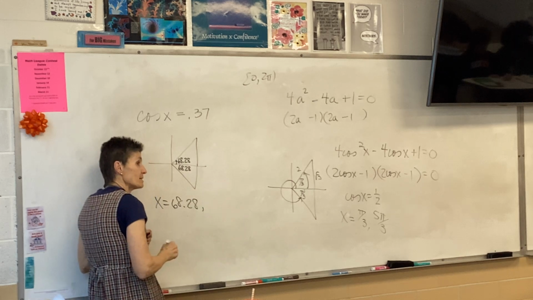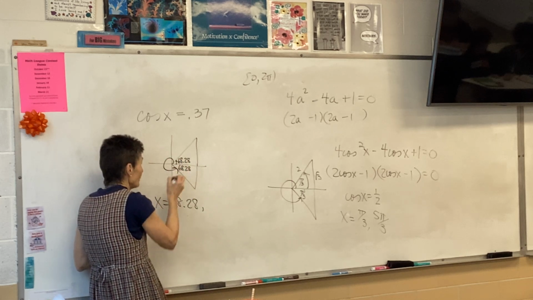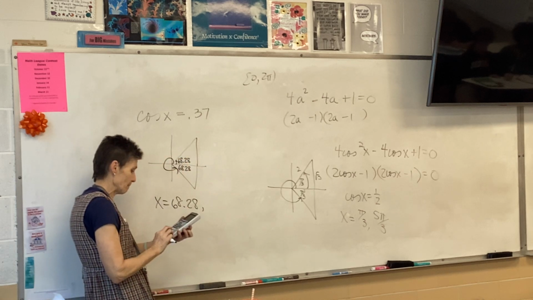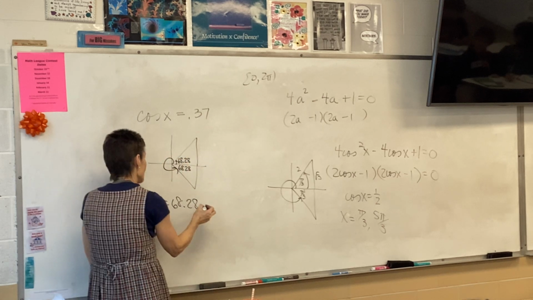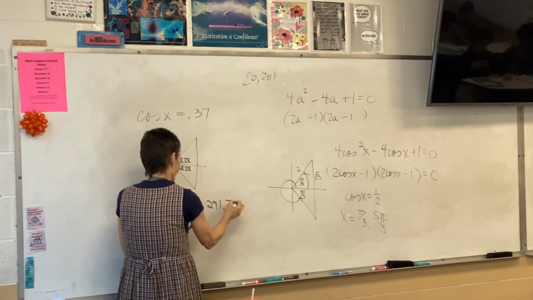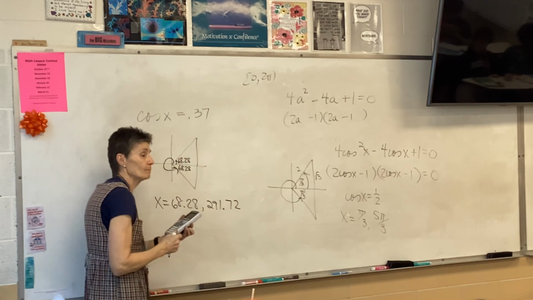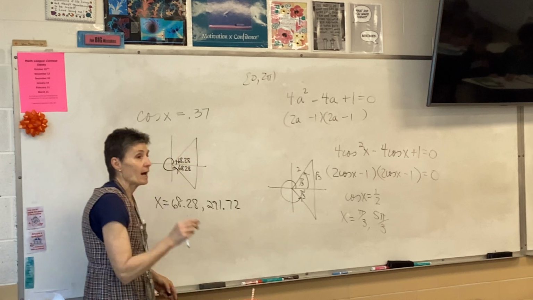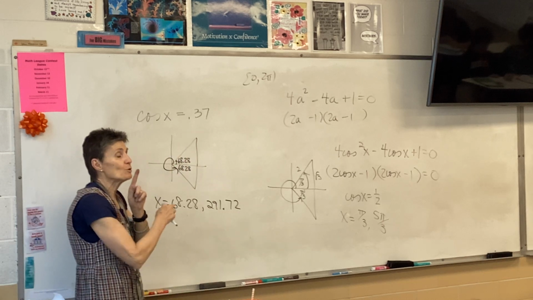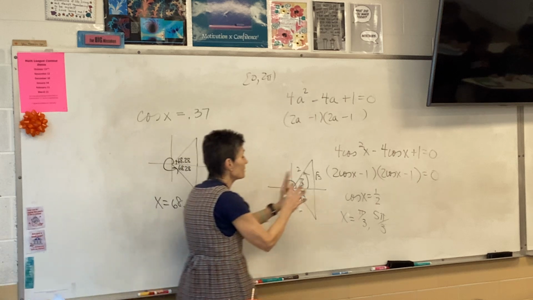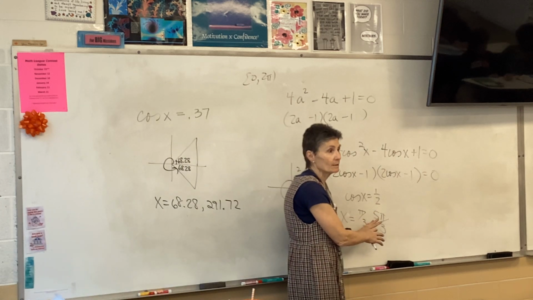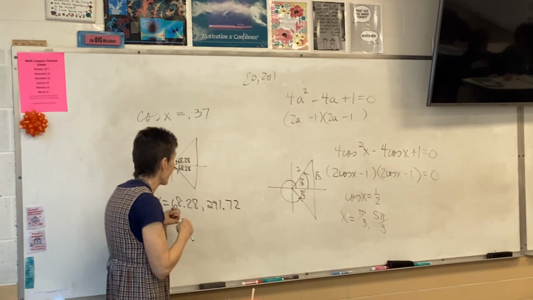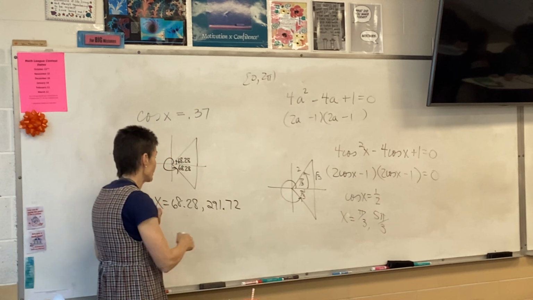And then like Dana said, the other one will be 360 minus that, or 291.72. Do we put degree sign on? Yeah. What you just did is exactly the same as we did over here, right? Everything was the same. We just used our calculator to get the angle because we needed to.